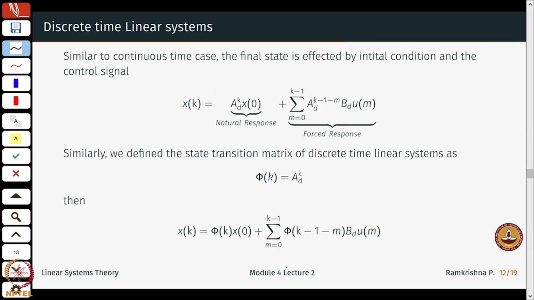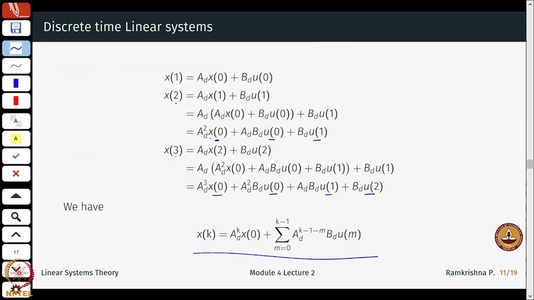Okay, as usual, similar to the continuous time case, these equations will also have a natural response and a forced response. So, if I look at it closely, if I just keep on doing this, for example, to begin with, assume u equal to 0, I am left with an equation which is like this: x at k is A power k x naught. I just use the suffix k to denote that it is a discrete time system.